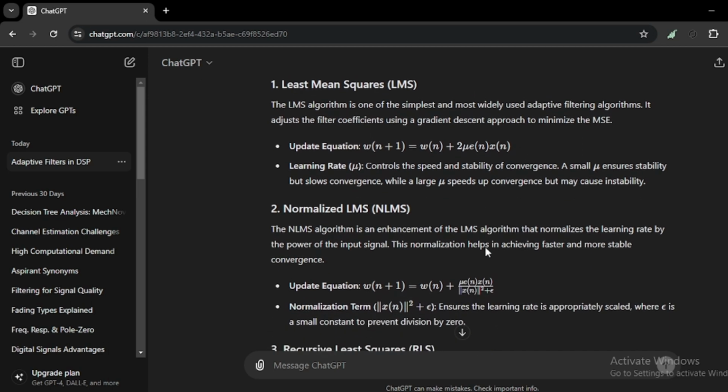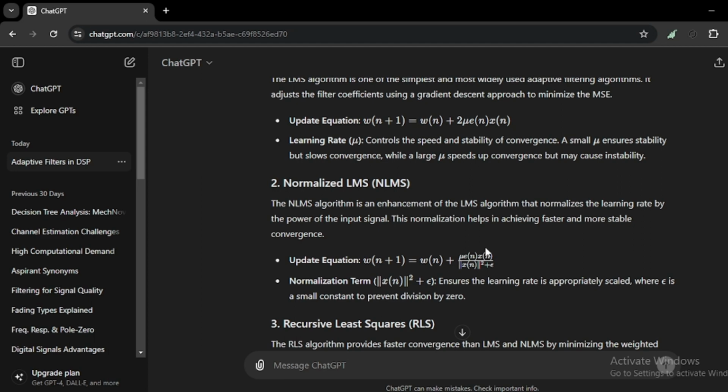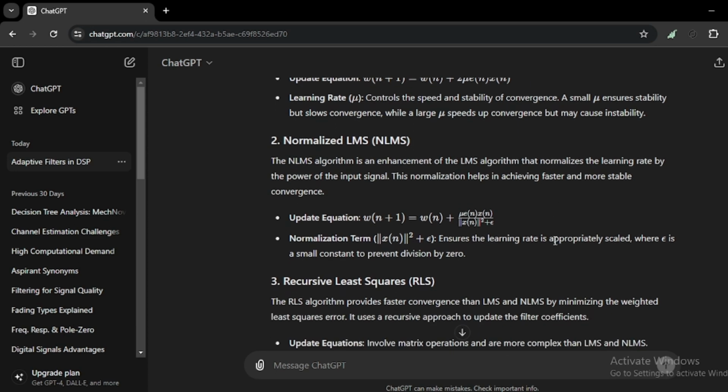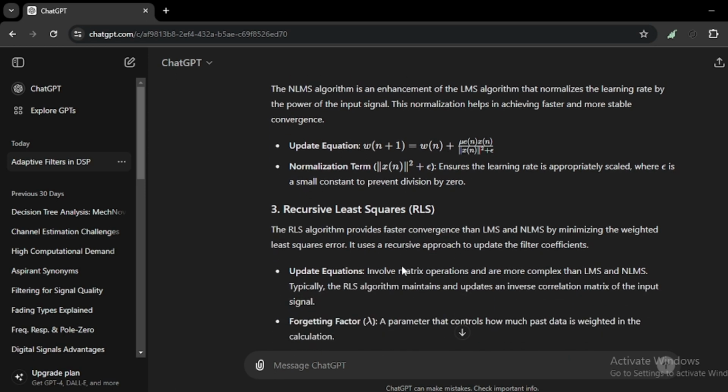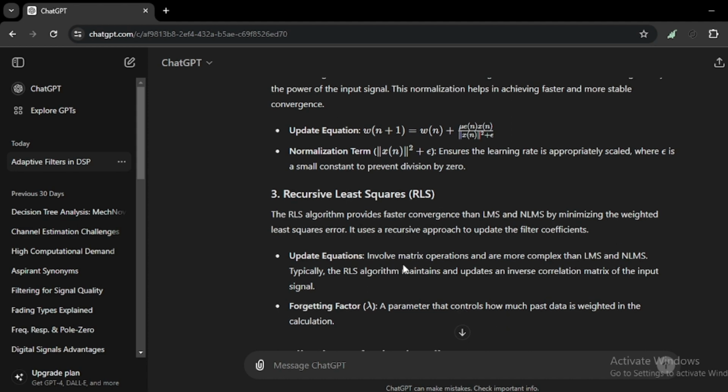Number 2, normalized LMS. The NLMS algorithm is an enhancement of the LMS algorithm that normalizes the learning rate by the power of the input signal. This normalization helps in achieving faster and more stable convergence. That's its equation. Number 3, recursive least squares (RLS). The RLS algorithm provides faster convergence than LMS and NLMS by minimizing the weighted least square error.